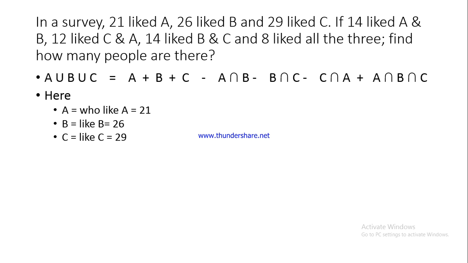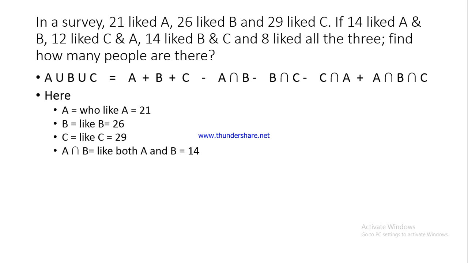Had it been only B it would have meant they only like B, they do not like A and they do not like C. That would have been the meaning of only B. But what has been given here is A, B and C, and not only A, only B or only C. Only C, this has not been given. What has been given is A, B or C.